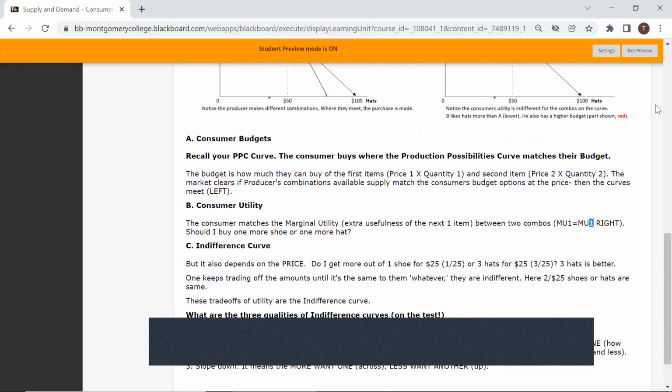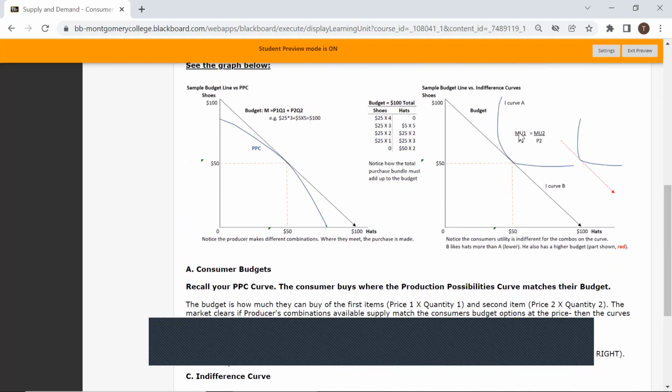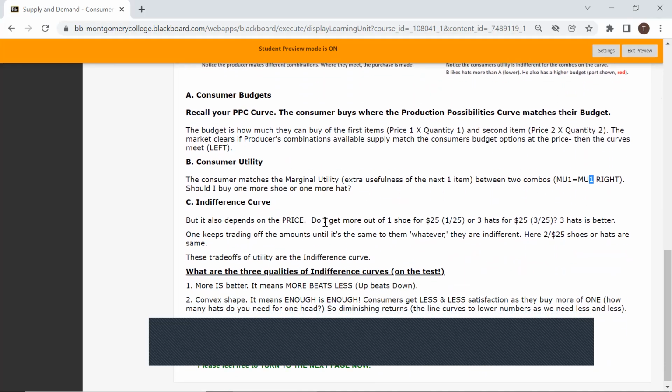So that's where you're going to be on your indifference curve, where your two utilities are equal, divided by the price, because we want to know the number of units. So we have to divide by the price. So do I get more out of one shoe for $25? That's 1 over 25.